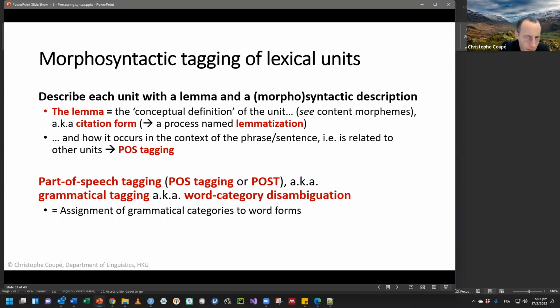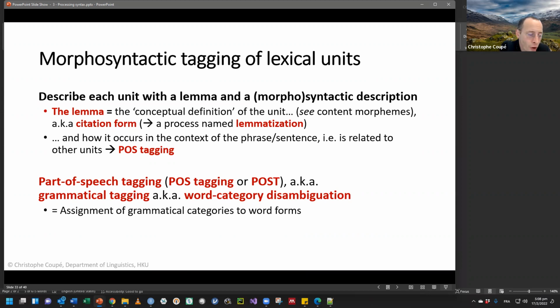You have the lemma, which is kind of the conceptual definition of the unit, like the morpheme at the core. Like if you have singing, singer, and everything, behind you have a lemma. It's like what you would find, not exactly in the dictionary, but kind of like that. The citation form, the way you find it in a dictionary. So if you have singers, plural form, you won't find singers in a dictionary.